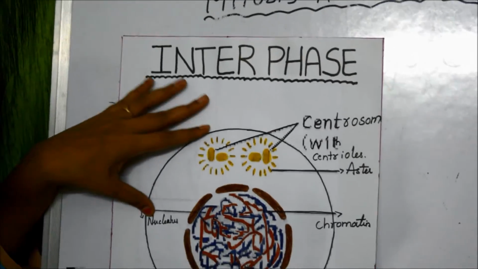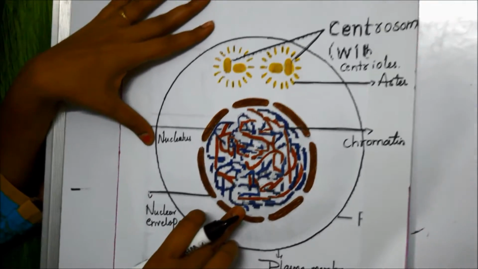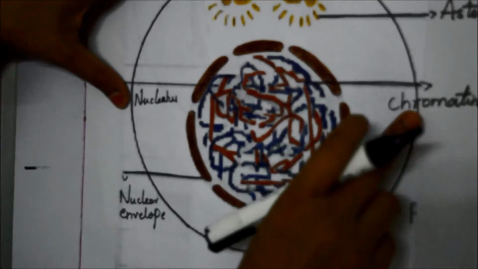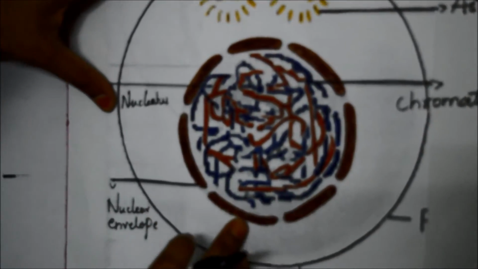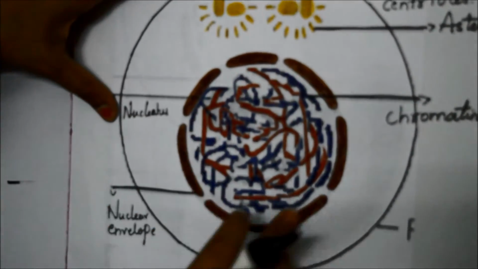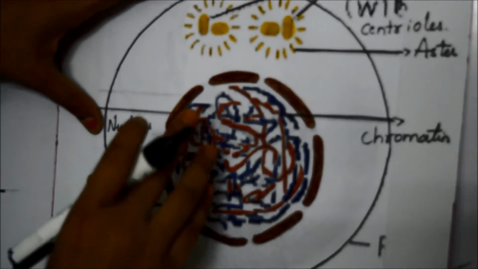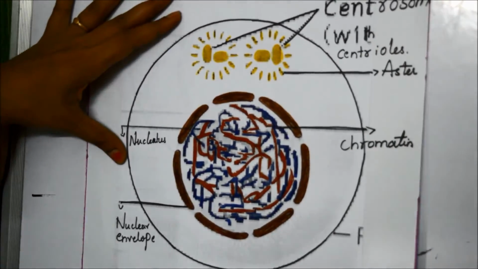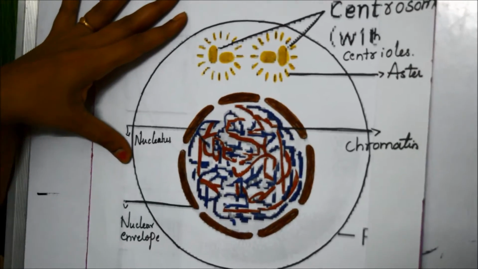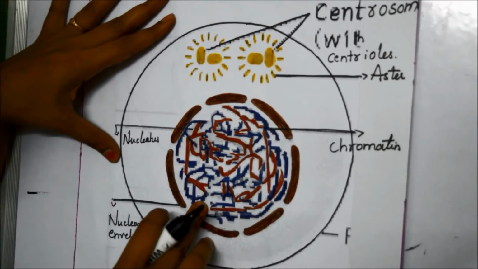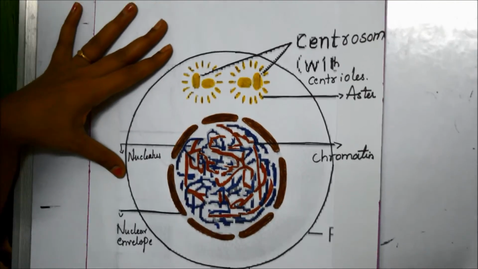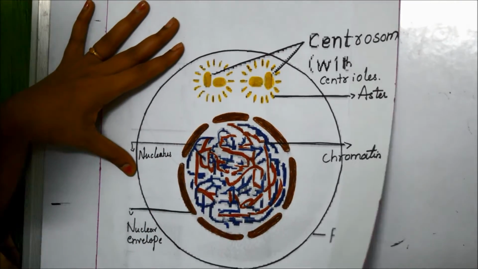In interphase, DNA duplication happens, and the DNA is in a condensed form we call chromatin. The nuclear envelope and nucleus are at rest, and interphase increases the genetic material of the cell. From this interphase, the chromatin starts to condense to form chromosomes. After completing this stage, the cell enters prophase.